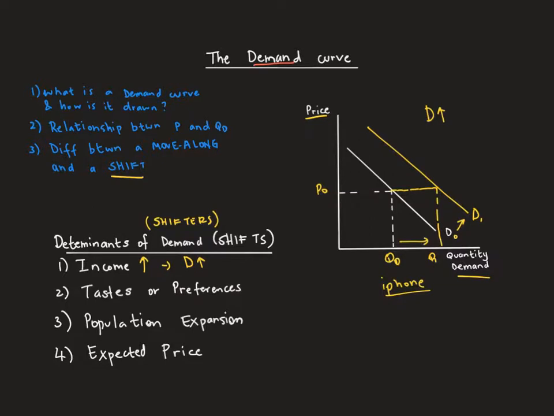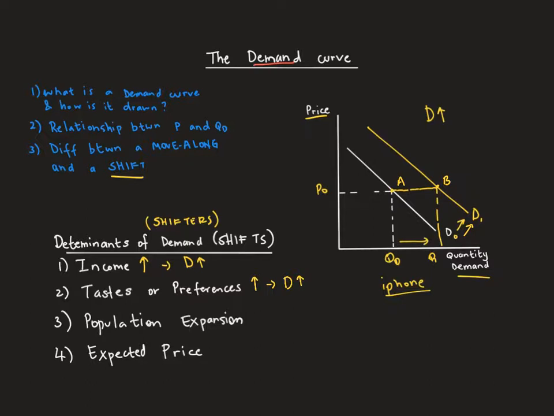You will be willing to buy that product at the price that it's at in the shops. So if your taste or preference for the new iPhone increases, that means your demand for that particular product will increase, showing an increase in demand from D0 to D1, causing a shift. And now we're shifting from point A to point B.